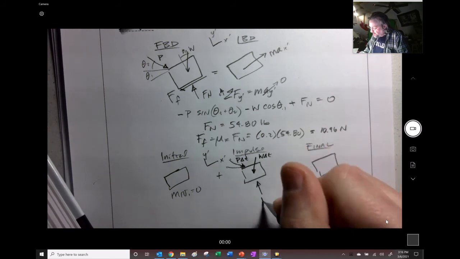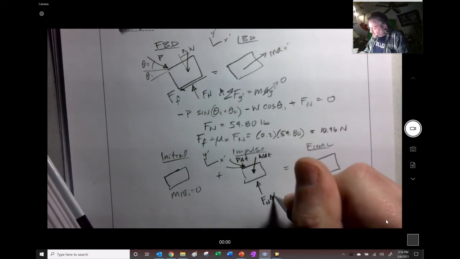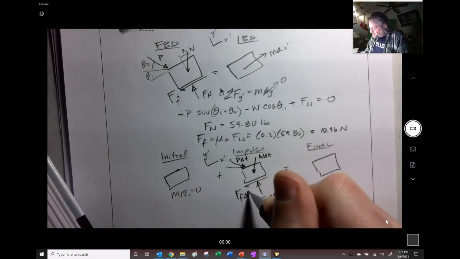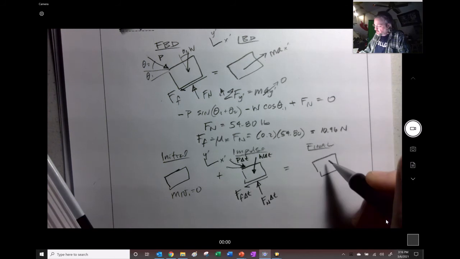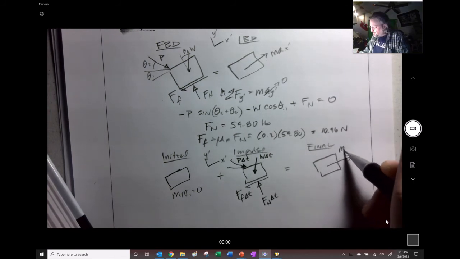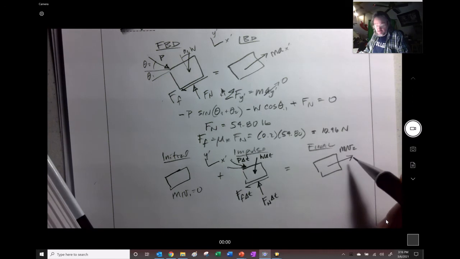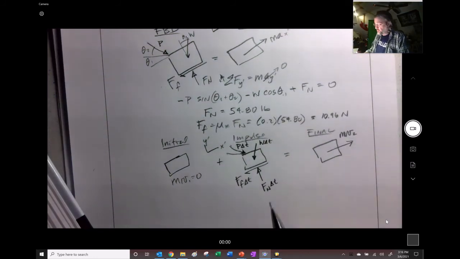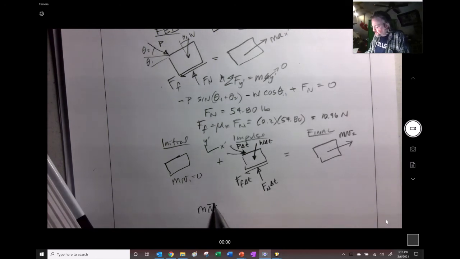We have a normal force times delta T, and then we have a friction force times delta T onto this thing. And then when it's done, it has mass times the velocity 2. Interesting, in my book I did use the prime designation, which I don't like doing, but it's okay. So we write out the equation first. The big equation first is with a vector.